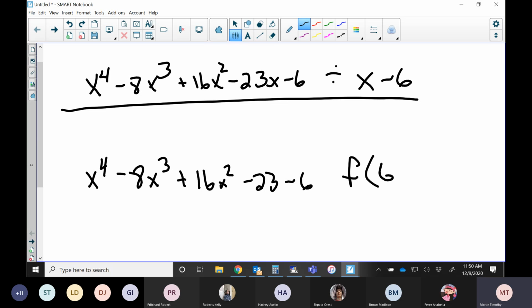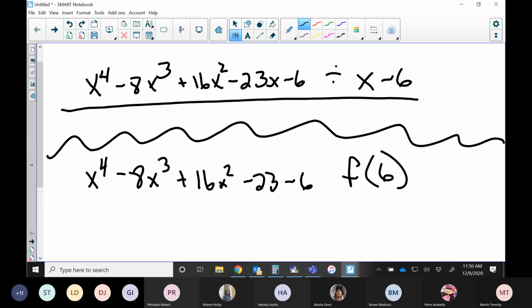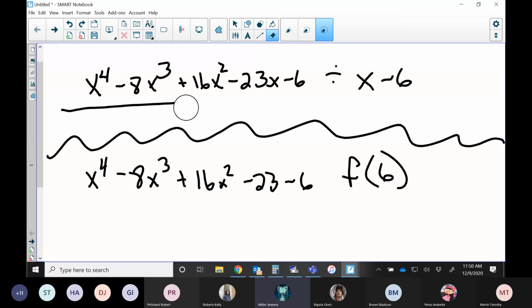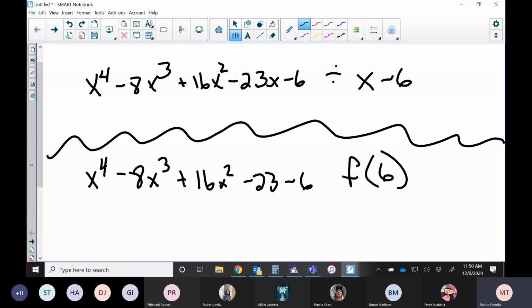What is this question asking you to do? Substitute the x's for 6. And what can you do instead of substituting in 6 for all the x's? Instead of plugging in 6 here, 6 here, 6 here, and doing all that math, what could you do instead?